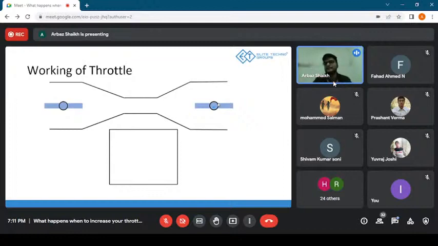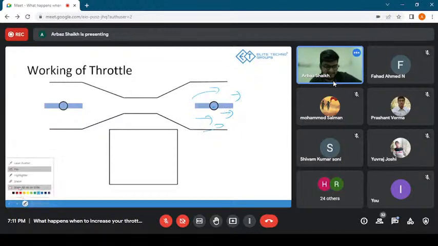For that, we make mechanisms so that when the entire accelerator is pressed, the complete throttle is opened. If that is not done properly, the engine would not work at full efficiency. Is that clear to everybody?